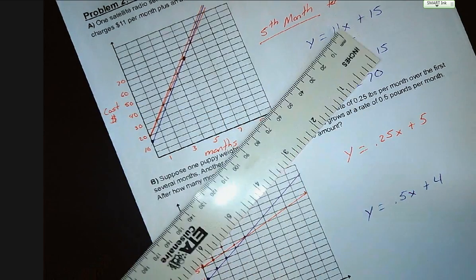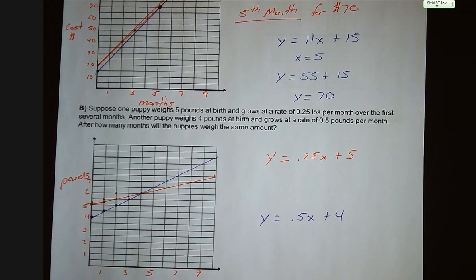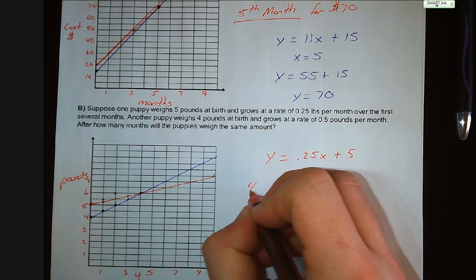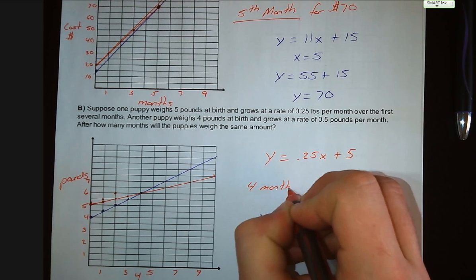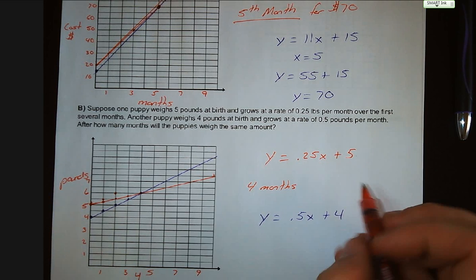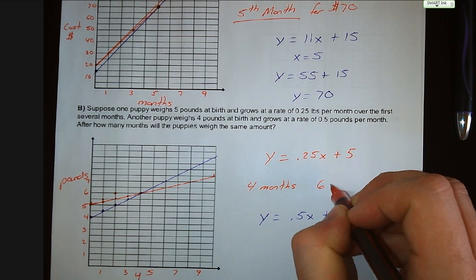So it looks like after 4 months, those puppies are going to weigh the same amount. And if we were to ask a follow-up question of how much do they weigh, well, we look at that point and go off to the left to our scale and we see that it is 6 pounds.